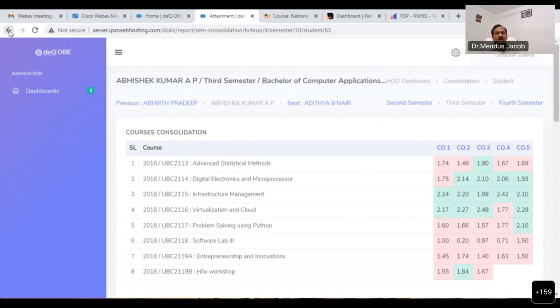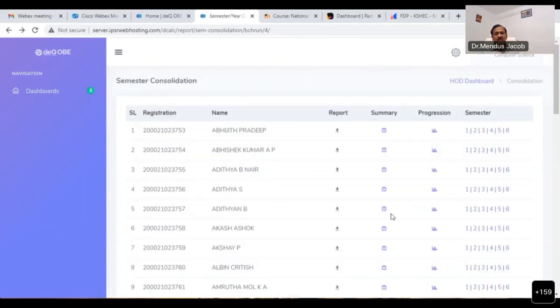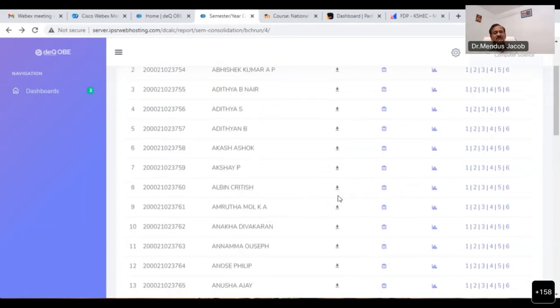I'm just giving you an idea about how we can manage things if you properly adopt outcome-based education and have n number of reports like this. It is easy for us to manage the students, the parents, and especially for accreditation agencies, these reports are valuable.